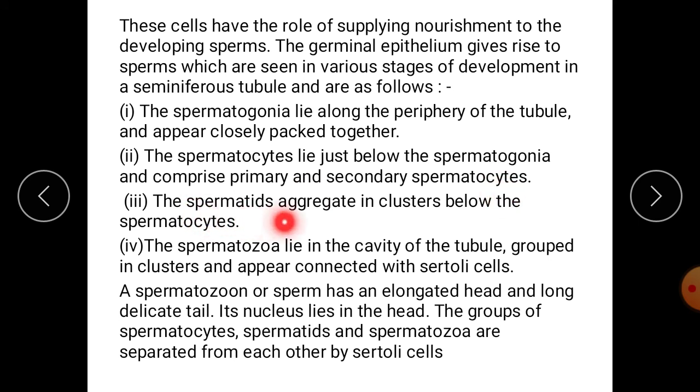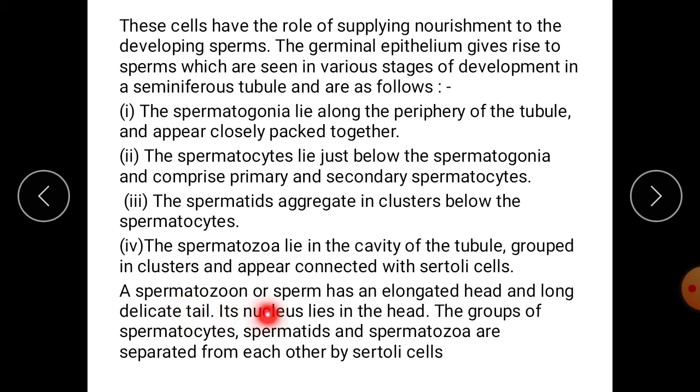The spermatids aggregate in clusters below the spermatocytes. Spermatogonia become spermatocytes, and spermatocytes become spermatids. Spermatids undergo structural modification to become spermatozoa. The spermatozoa lie in the cavity of the tubule, grouped in clusters and appear connected with Sertoli cells.